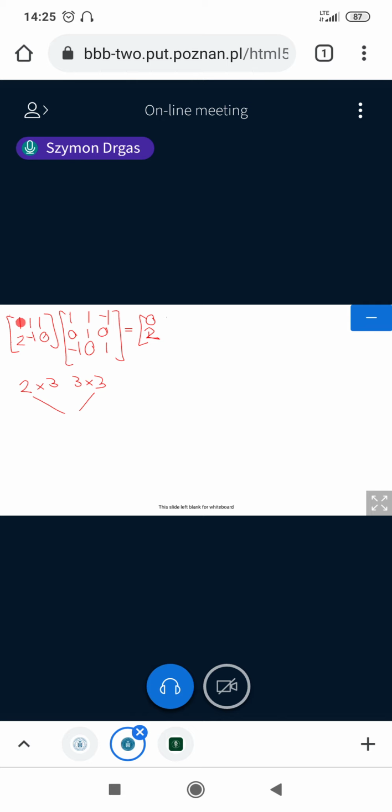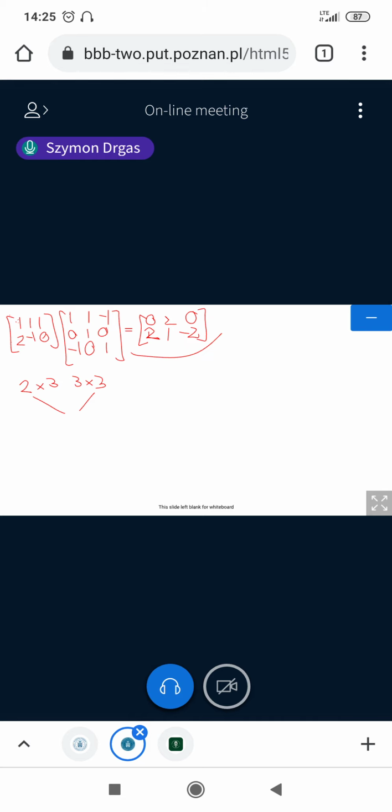The first entry is the first row times the second column: 1 plus 1 plus 0, so it will be 2. And then we have 2 minus 1 is 1. In the last column, we have negative 1 plus 0 plus 1 is 0, and negative 2 plus 0 plus 0 is negative 2.